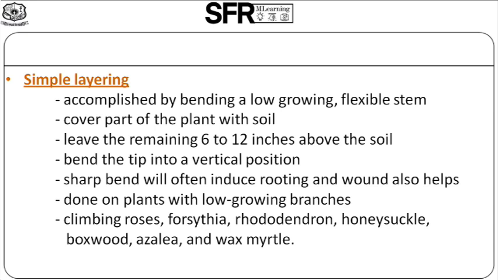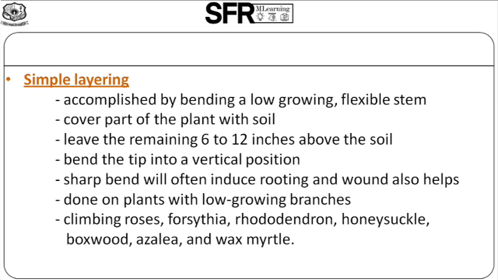After pegging it, allow it to set for a few hours, and place stones over the region so that it won't get disturbed or raised up. While doing so, leave the tip portion outside the soil. We have to be very sure that the nodal region is inserted. This is how simple layering is done.